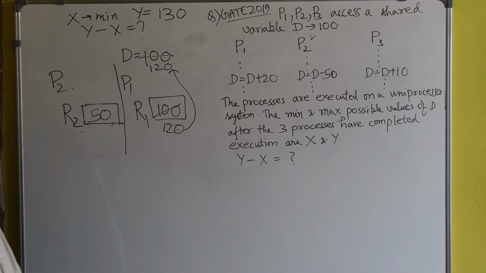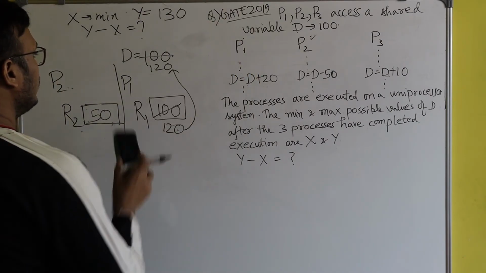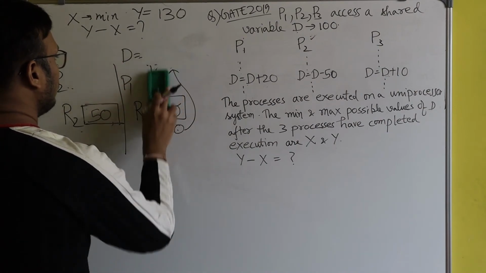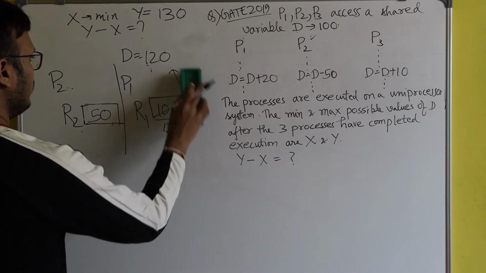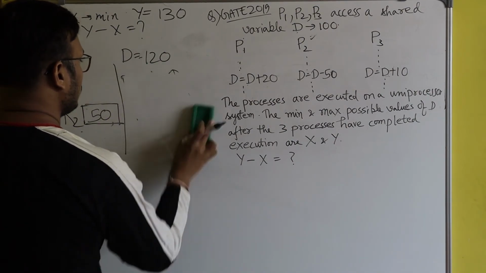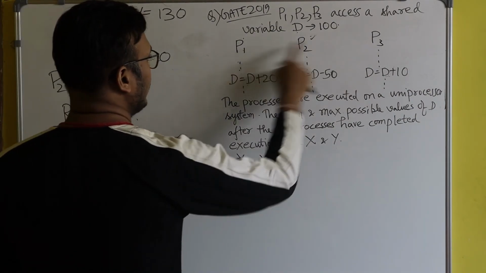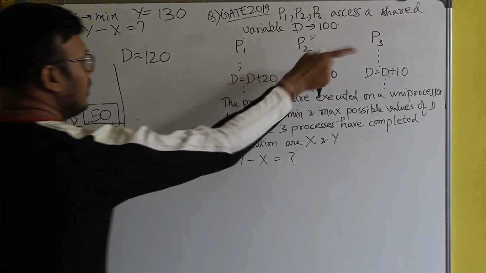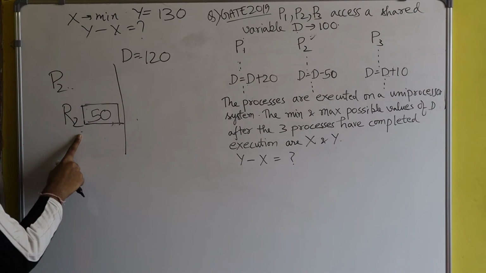So the task of P1 is over, and ultimately the value of d is 120. Let me remove this P1 because its task is over. So what processes are left? P2 and P3, because P2 has not yet completed its task.